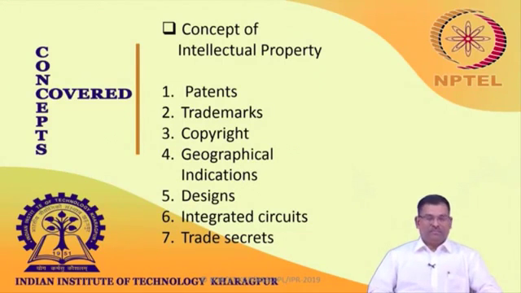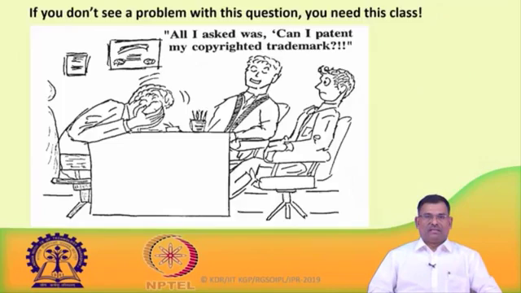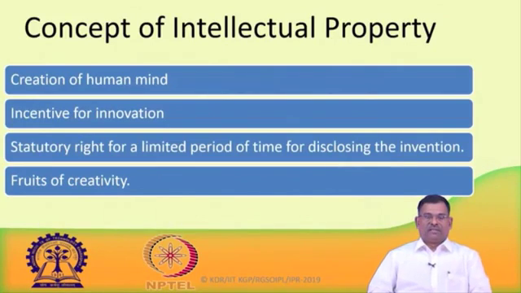It says that it is the creation of the human mind, or an incentive for innovation, or a statutory right given by the government to the innovator or the inventor, or the fruits of creativity, or an incentive given to the inventor by the government for a limited period of time.